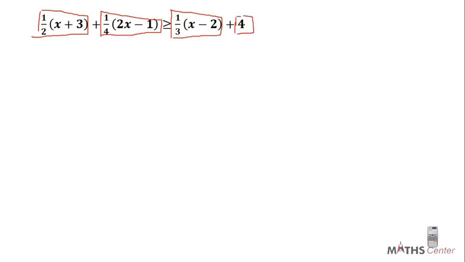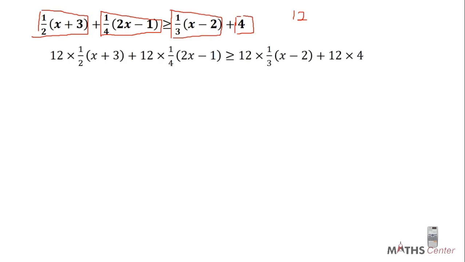Don't forget that our LCM is 12. So you multiply each term by the LCM. I hope that is clear. This means that you are going to have 12 times the first term, which is everything here, plus 12 times the second term, which is what you have here, 1 over 4 into bracket 2x minus 1. Then you bring your inequality sign, so greater than or equal to 12 times this term here.